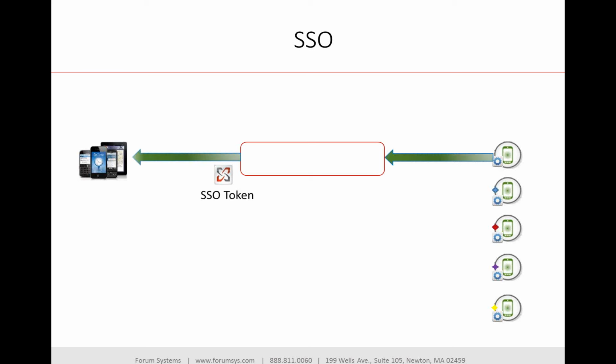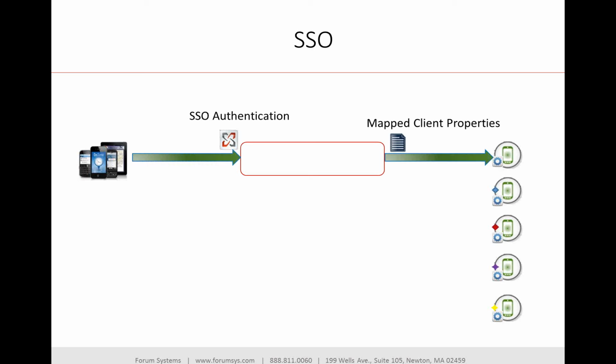When the response comes back through, then we build an SSO token so that effectively we have a means to track subsequent requests that a user is attempting to make without having to go back and re-authenticate with that SSO session. And then you now have the ability to access your different services with the same credential set.